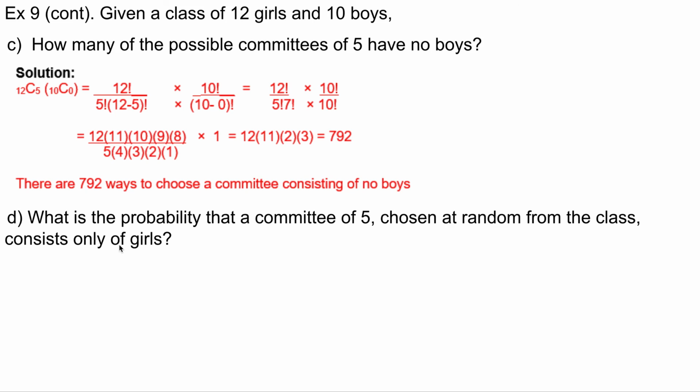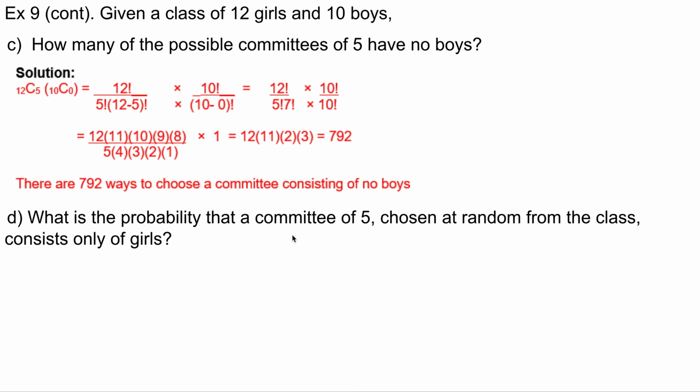Next one, part D. What is the probability that a committee of 5 chosen at random from the class consists only of girls? Hey, this time it's asking you to find the probability. Only of the girls, we have 792 ways, right?